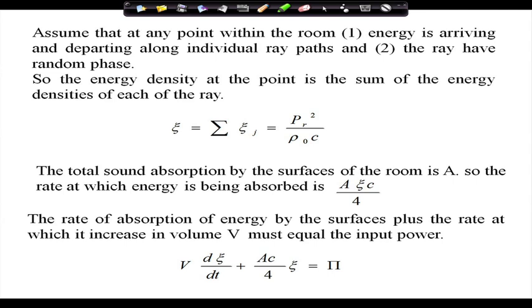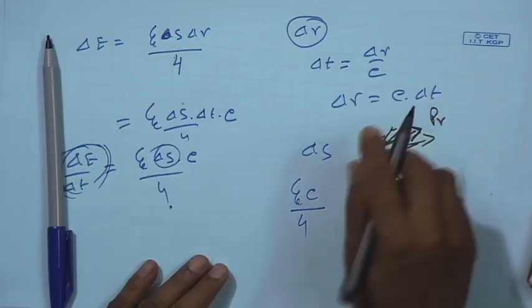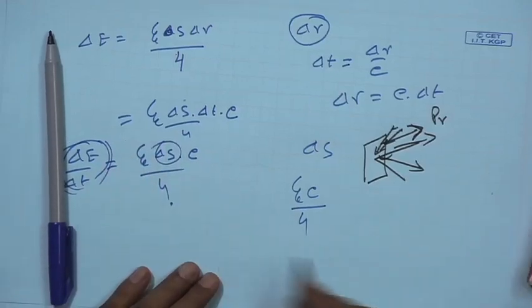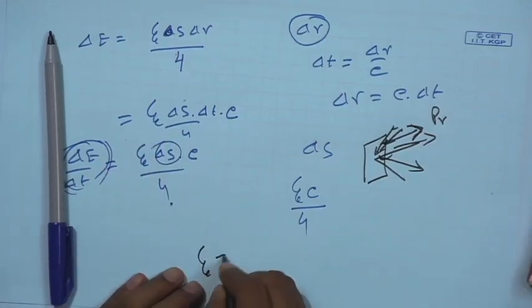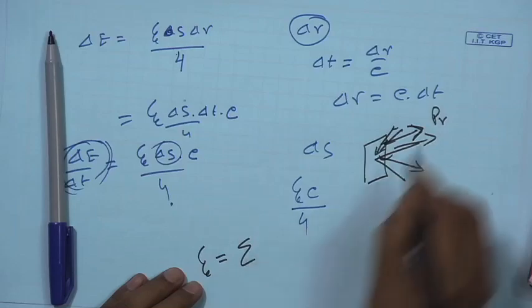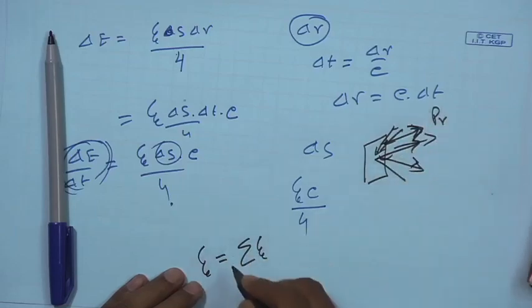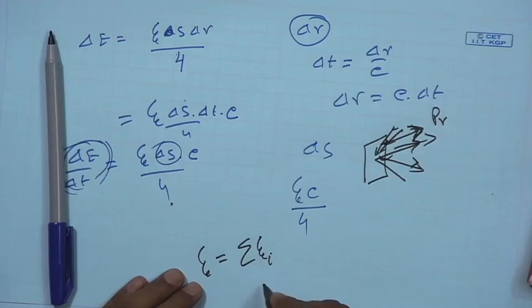Energy density at each point is the sum of the energy. If each reflected energy... let us not say energy, let us say pressure, the reflected pressure is PR. So energy is nothing but a sum of the energy for each ray, each reflected sound, sigma psi i.